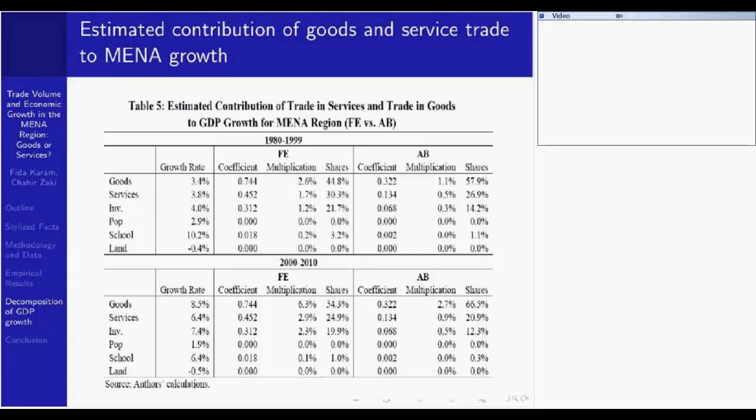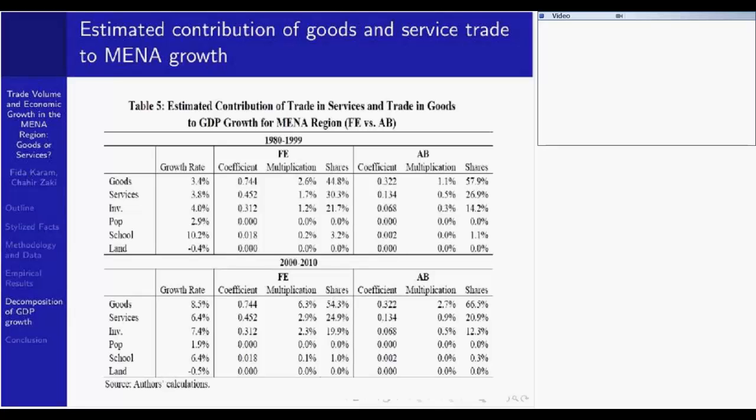And we can see here that the share of goods and services is as high as investment, and even much greater than schooling. And this is consistent for most of the periods and for most of the estimation techniques.